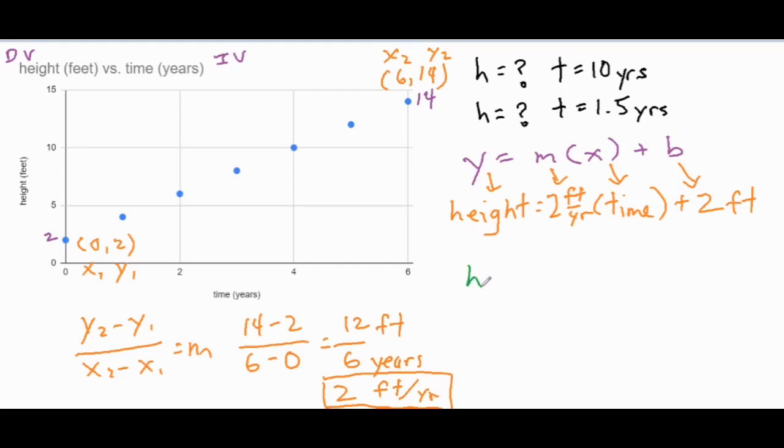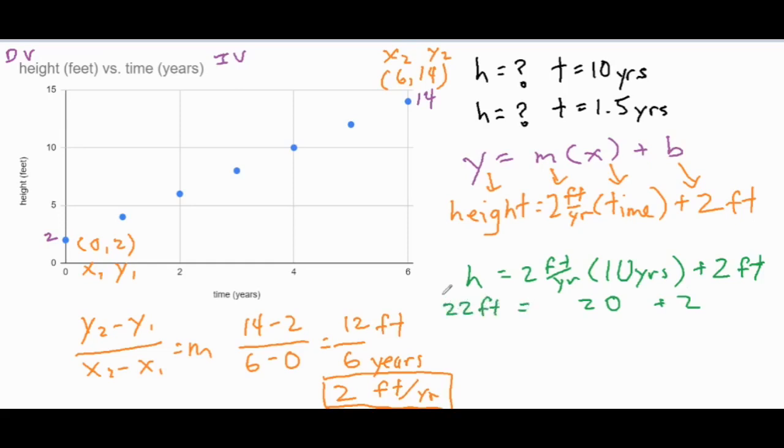So we have the height equal to 2 feet per year, our time is 10 years, plus that starting height of the tree when it was probably first planted. 2 times 10 is 20, plus 2 is going to give us our answer. So that means our height is 22 feet.